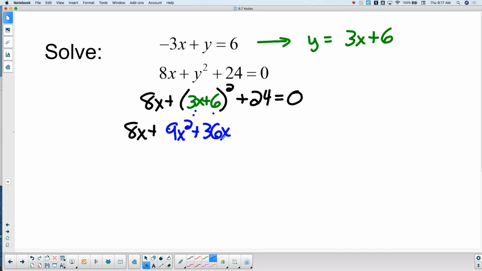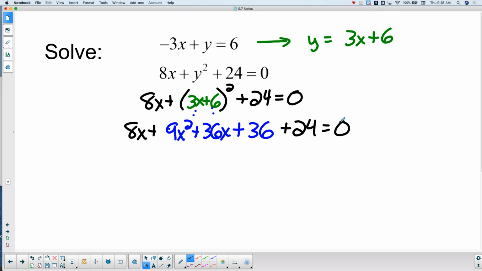Then I take this term and I square it. Because 3x times 6 is 18x, times 2 is 36x.